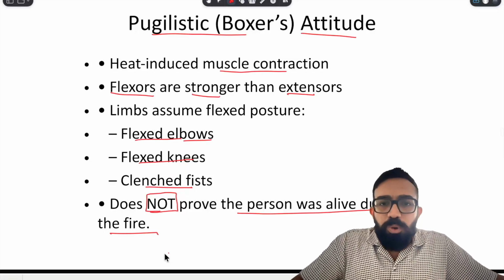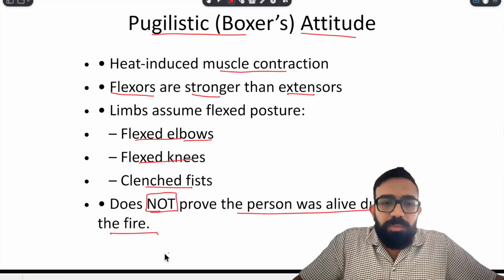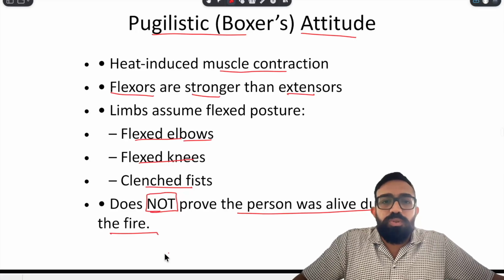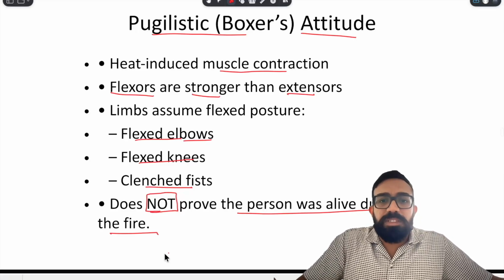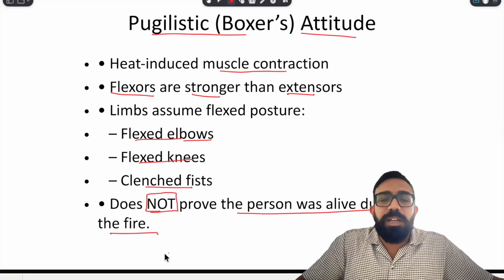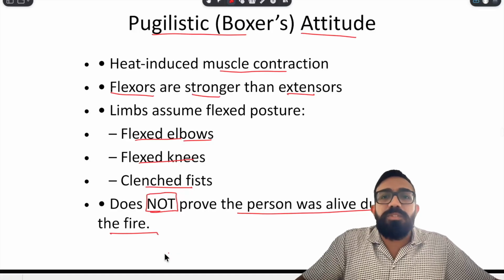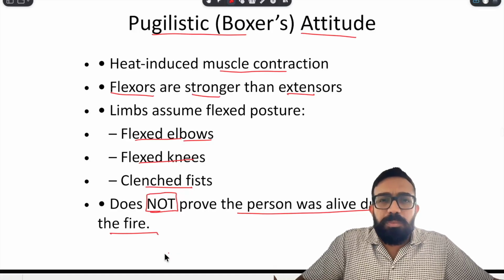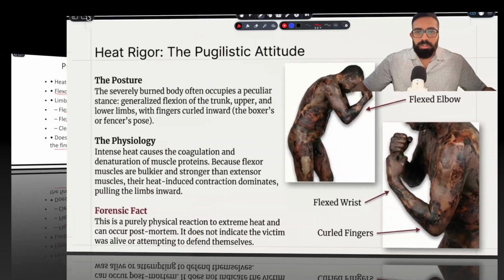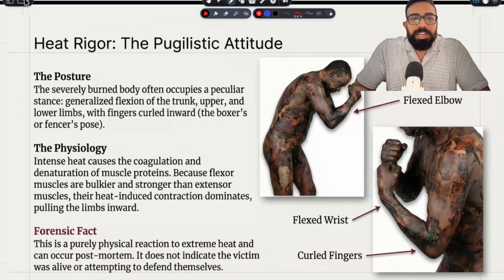It does not prove anything. It does not even prove antemortem burns. It just proves that there is heat muscle involvement of the burns. The burn depth is so much that muscles have got burned. This only proves the burn depth. Now, this is a proper detailed slide showing the boxer's attitude.